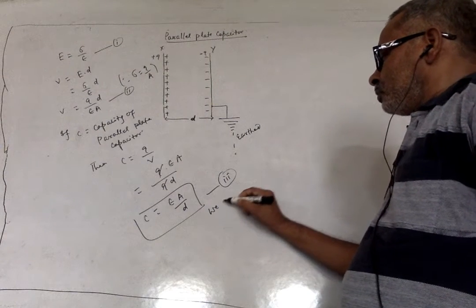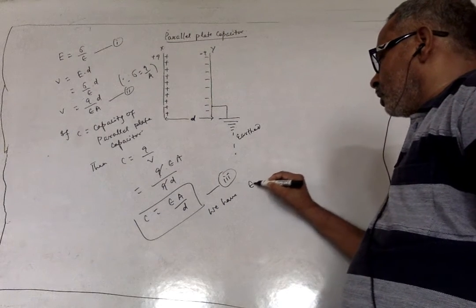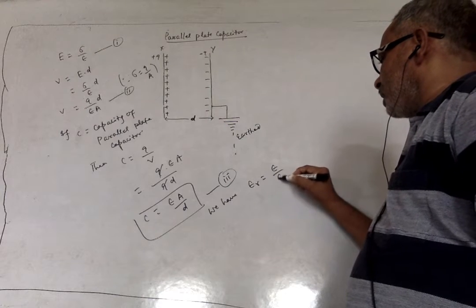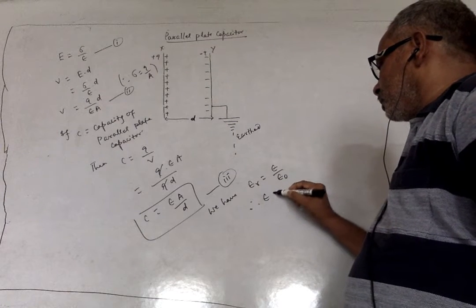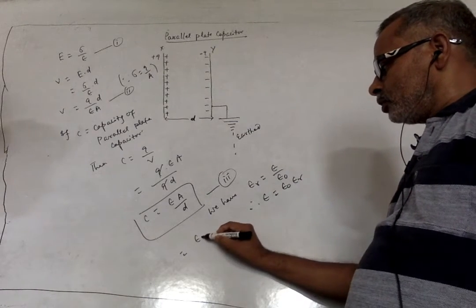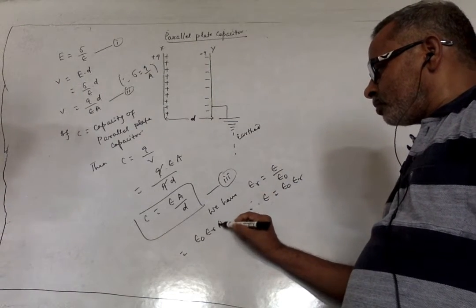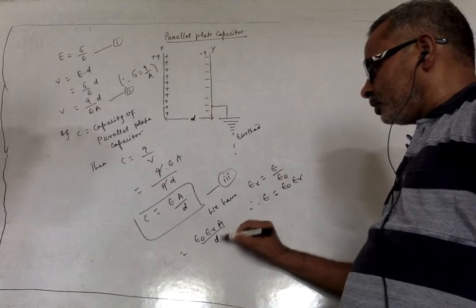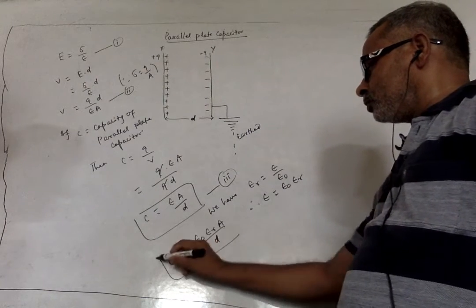We have epsilon r equals epsilon by epsilon naught, so epsilon equals epsilon naught into epsilon r, and C equals epsilon naught epsilon r A by d.